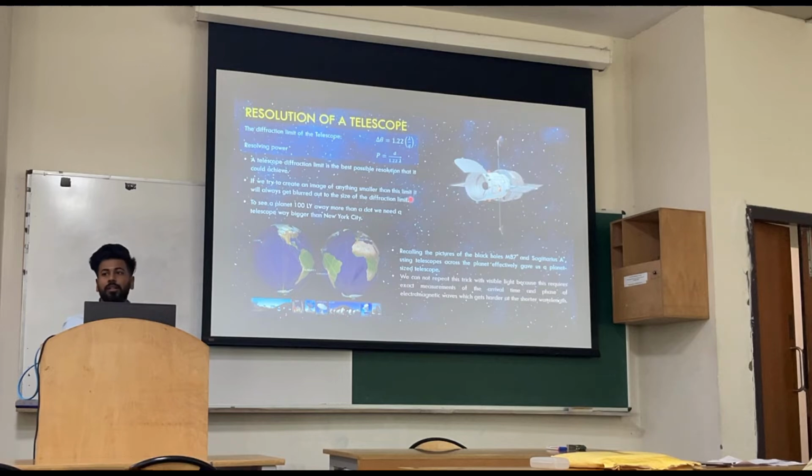It is an Earth-sized telescope, but we still cannot repeat this trick for visible light, because this requires exact measurement of the arrival time and phase of the electromagnetic wave, which gets harder at shorter wavelengths. So we need to go further away.